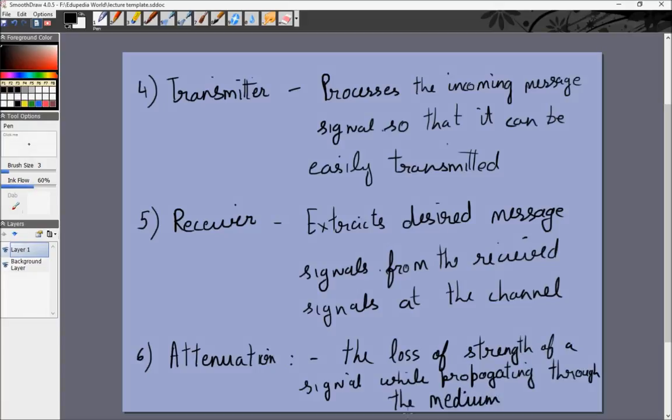Now something like a pressure wave would be highly attenuated when you're sending it over thousands of kilometers, so we can't do that. But electrical signals, even though they are attenuated a little bit, not as much as pressure waves, can be transmitted quite reliably.